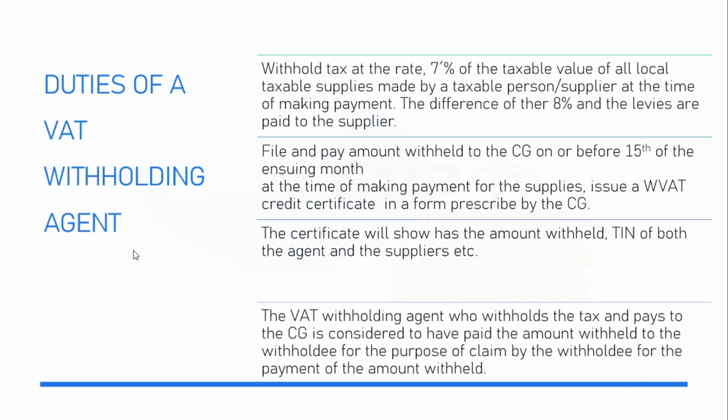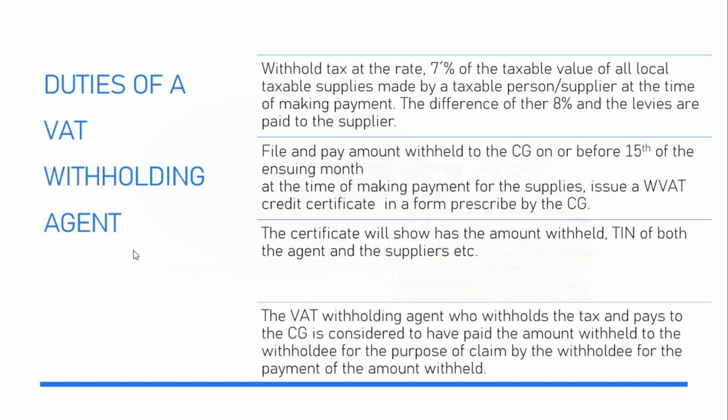It is the client, the one you've supplied to, the one that has withheld you, the withholder, the one that has withheld the tax from you. That's the person who will issue the certificate to you. So there's a prescribed form by the Commissioner General that they use. So usually you have your TIN, their TIN and then your TIN.